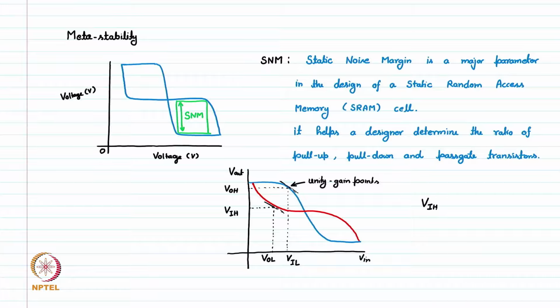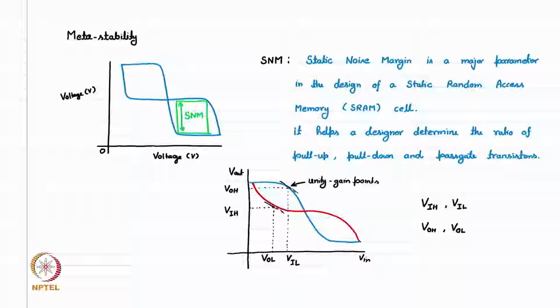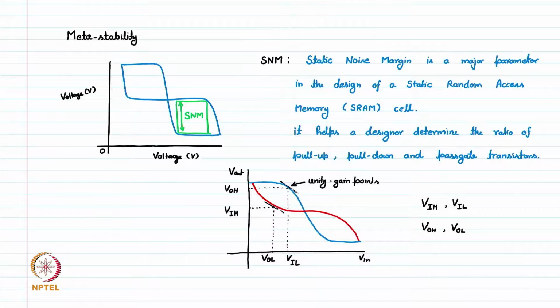We have VIH, VIL and VOH, VOL. So from this butterfly curve, based on the unity gain points, if we project these points on the x axis, we get VIL and VOL, and if we project these points on the output or the y axis, we get VOH, VIH.